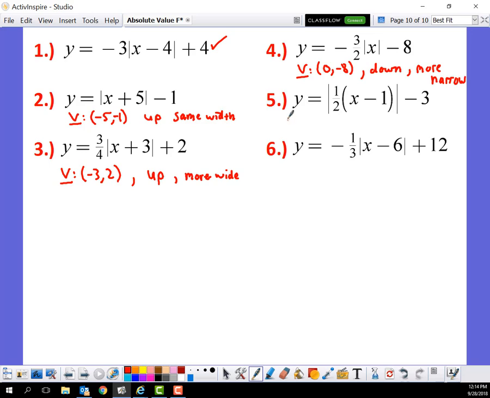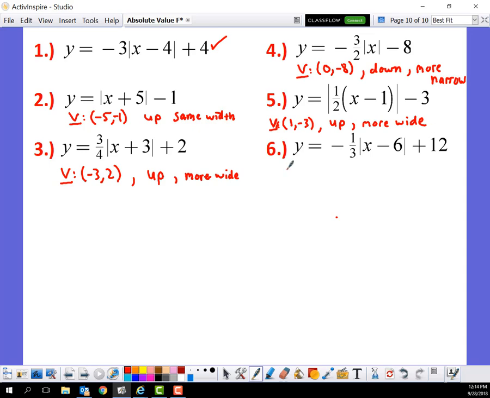On number 5, the vertex is at 1, -3. This opens up because the lead coefficient is positive, and the slope here is going to be 1/2 and -1/2. So this is actually going to be more wide than the parent function.